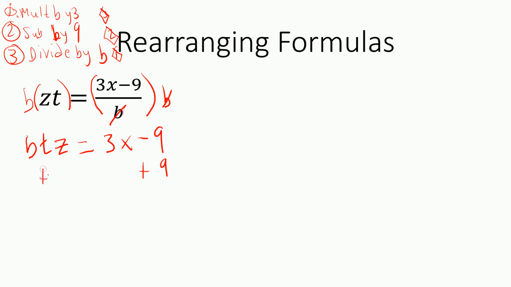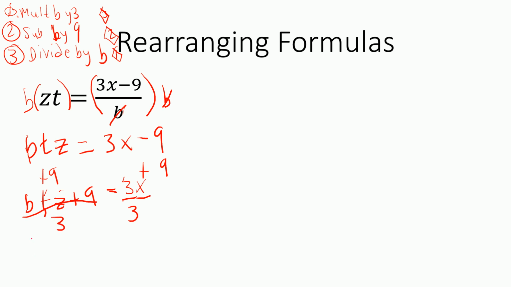And again, when I add 9 over here, because 9 is not a like term for btz, I'm just going to write btz plus 9. So I can't combine them. And then I have 3x. And then the last thing I'm going to do is I'm going to divide by 3. And that will allow me to get x by itself.